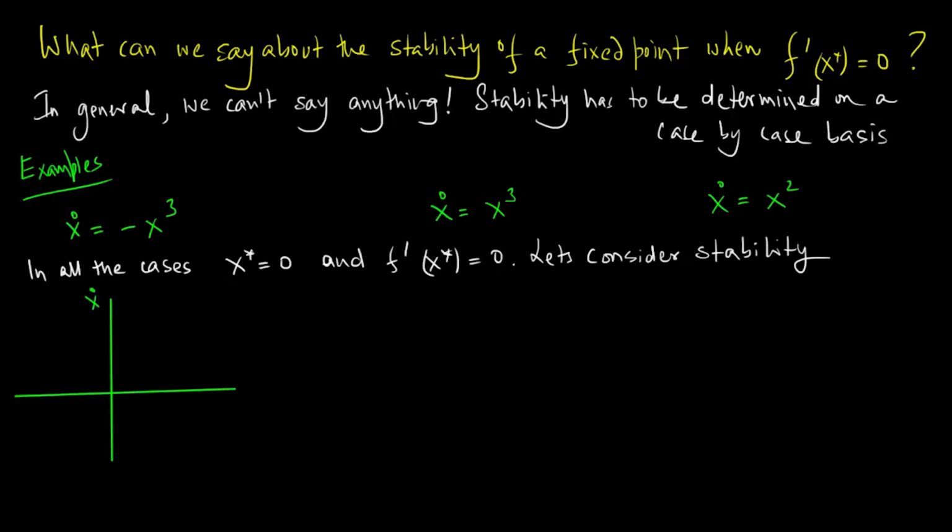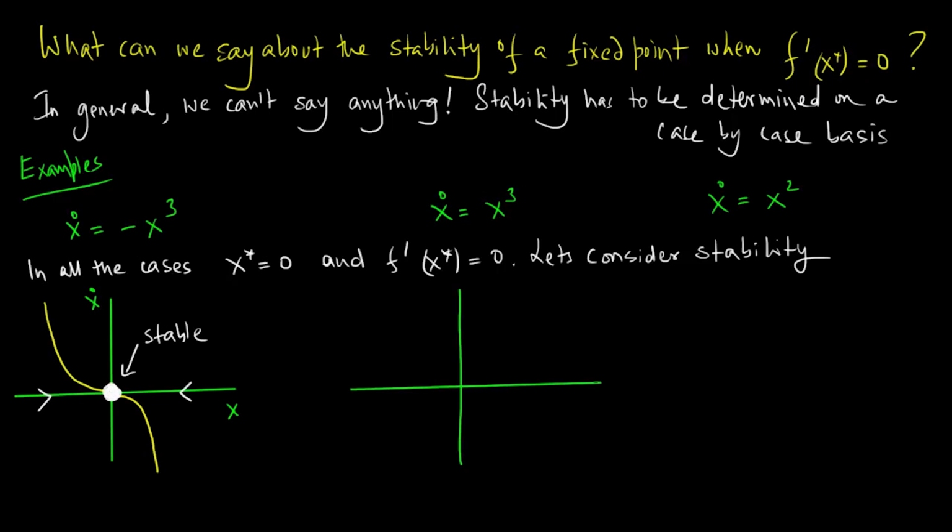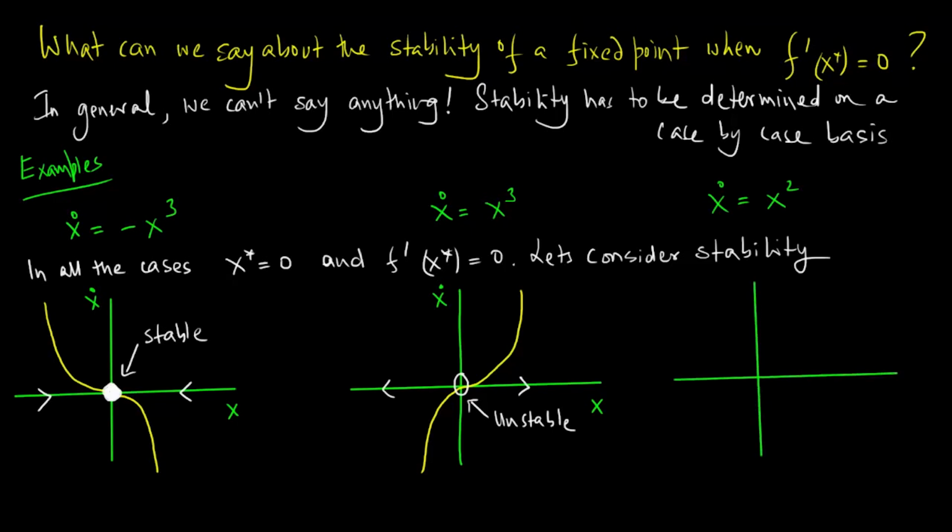So we plot x dot versus x, and what we find is that we have an attracting stable fixed point. And similarly, plotting x dot versus x, in this particular case we find that we have an unstable fixed point. So the last case actually presents us with a rather interesting situation.